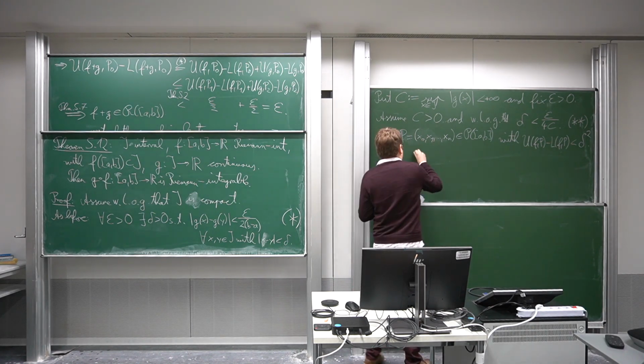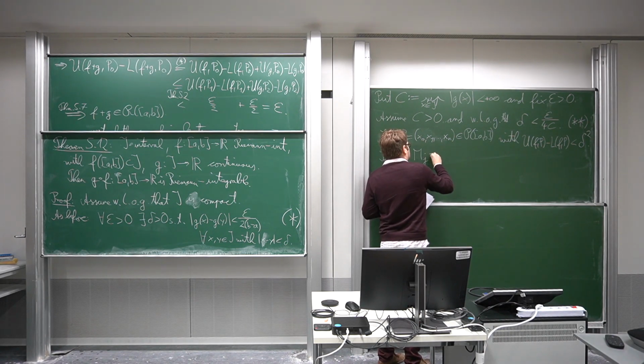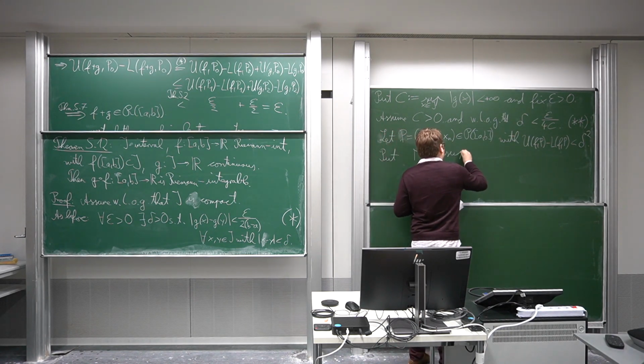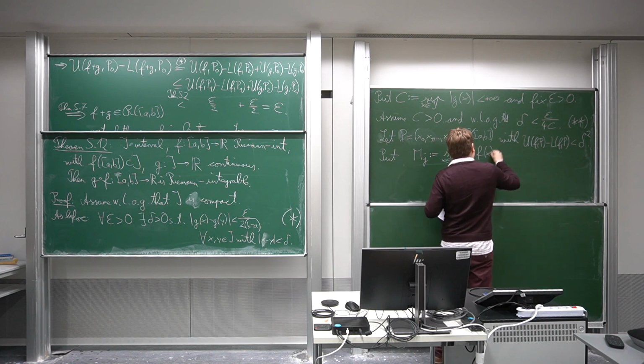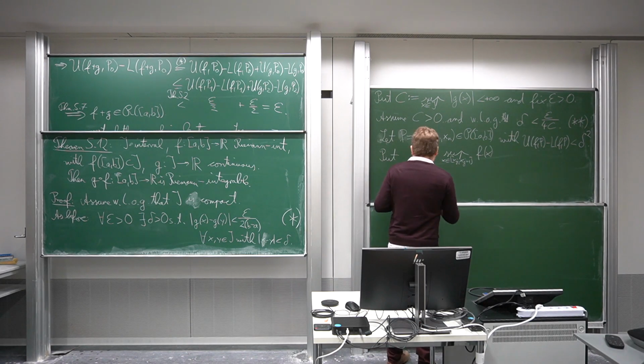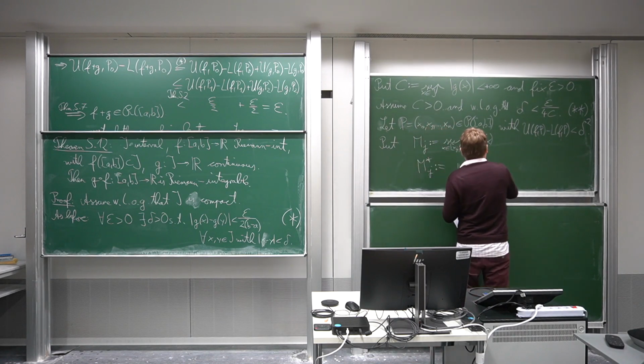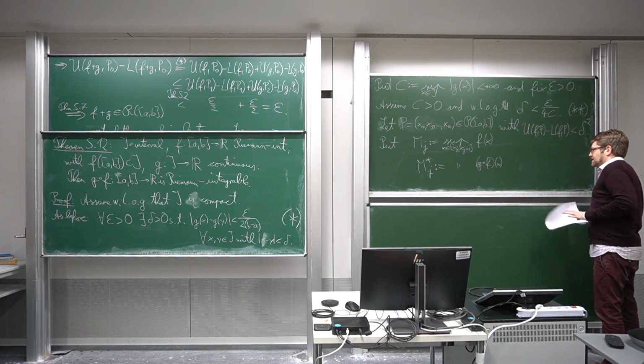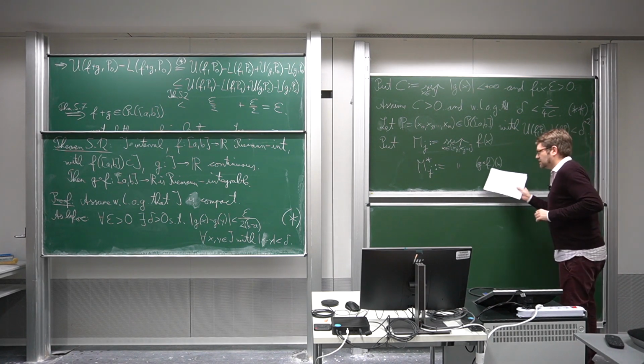I want to denote capital Mj to be the supremum of f of x for x between xj and xj plus 1. So this is one of the numbers that appears in the upper sum of f with respect to P. And I want to define another number, Mj star, again a supremum, but this time of g composed with f, which appears in the upper sum with respect to P of g composed with f.